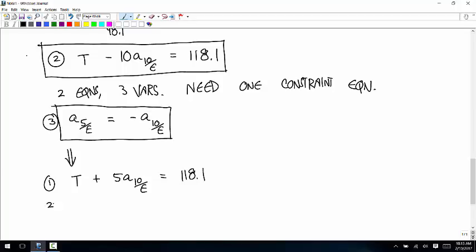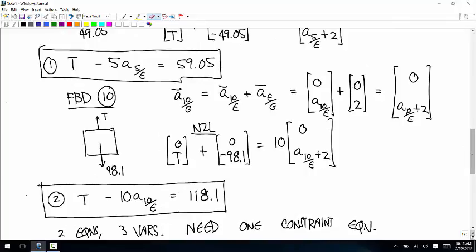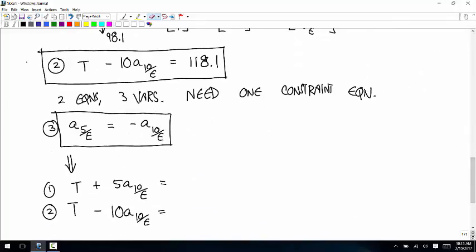And our second equation says T minus 10 A10 relative to E. Oh no, the first one I did that constant wrong. What was the constant on the first one? 59.05. The second equation is 118.1.